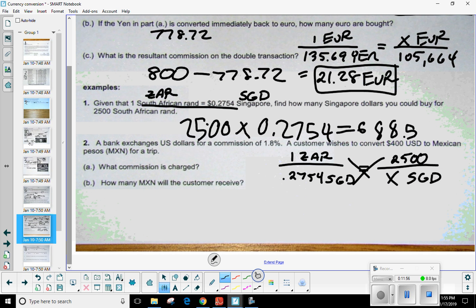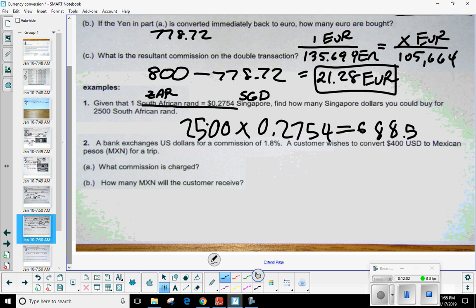Right. So who wants to come on? Well, I'll tell you what, I'll even take care of the first part for you. Okay. So I'm wanting to convert 400 U.S. dollars. Okay. So I'm going to go ahead and multiply that by the percent we have, so 0.018. And what's that going to give me? Yeah, I got $7.20.